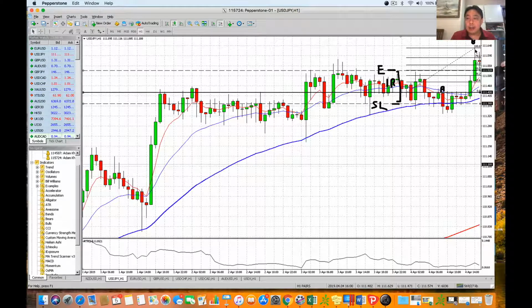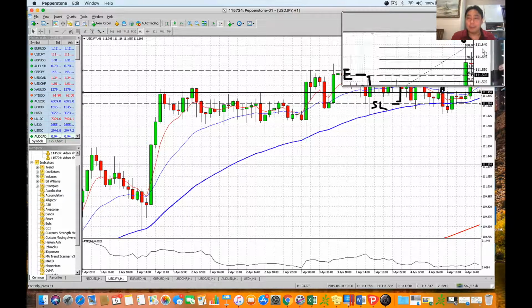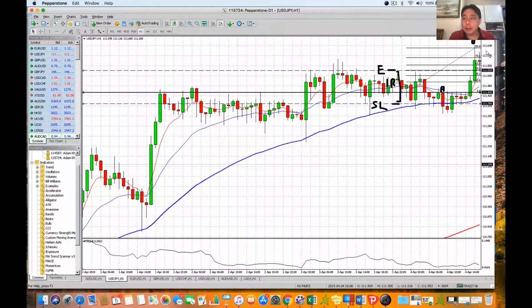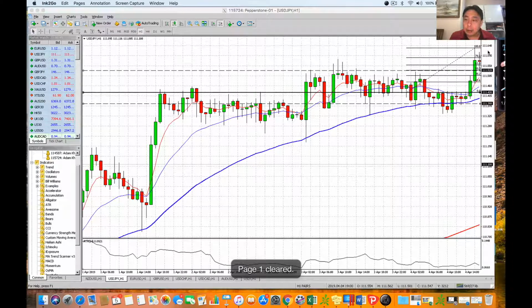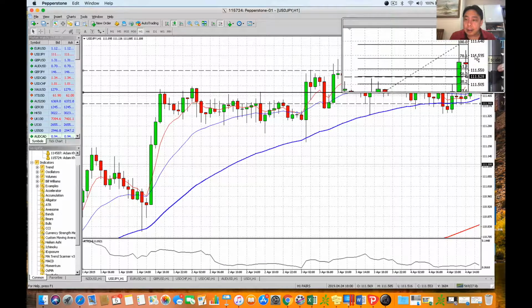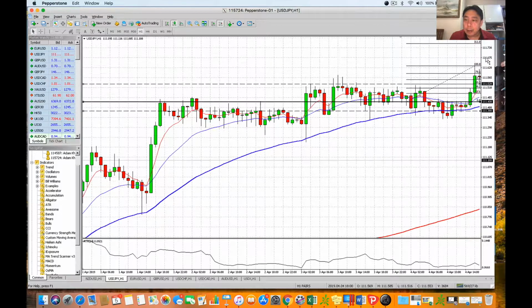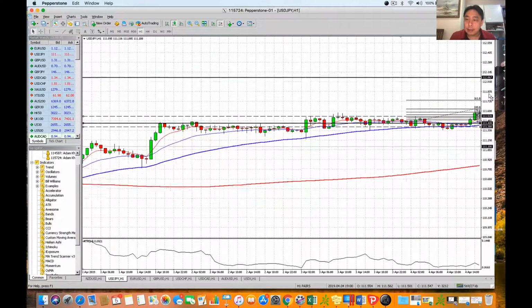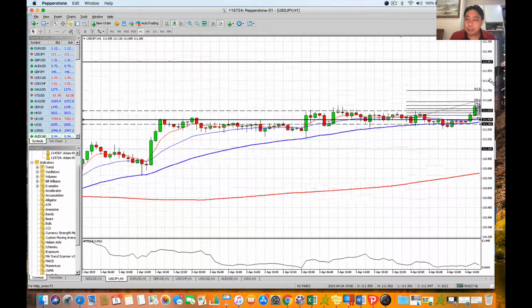Now, next, where's our profit target? The profit target is at the 161.8 level. Now you can't see because it's somewhere up there. So what you can do is click on your MT4 chart, click on this space here and drag down. Let me show you. Drag down. There we go. So can you see? I can drag the charts like that.